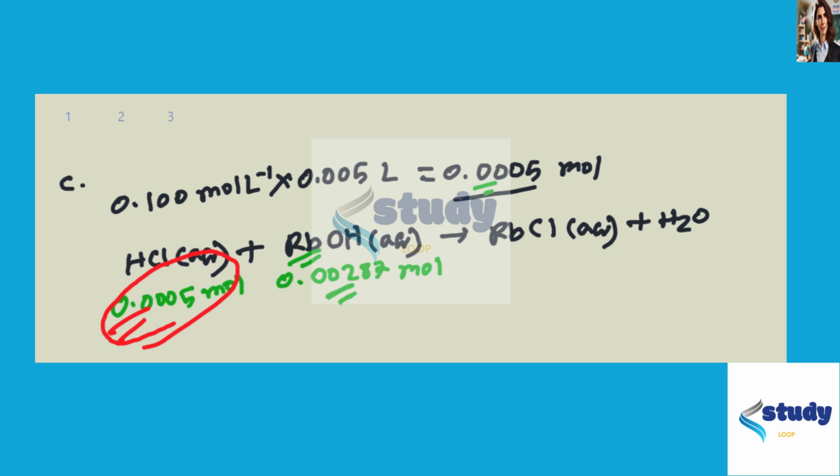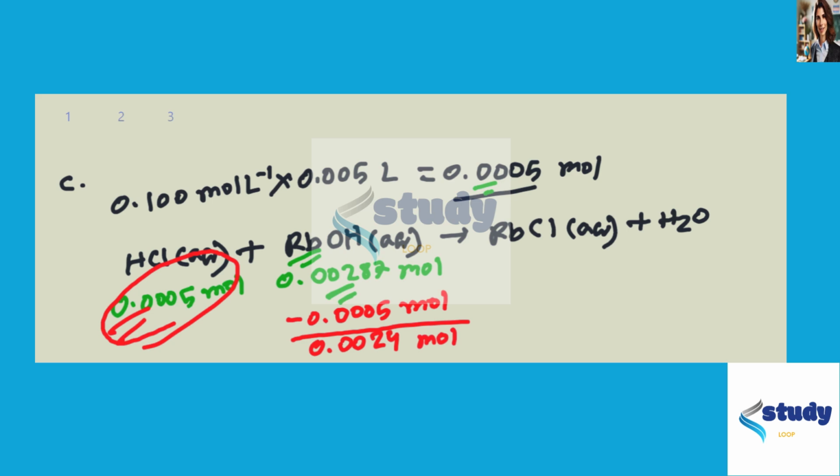That means it will basically subtract 0.0005 mole acid, 0.0005 mole from the base, and eventually after the addition of 5 ml HCl in the solution, we will have the number of moles of base as the subtraction of this, which is 0.0023 or 24 mole.